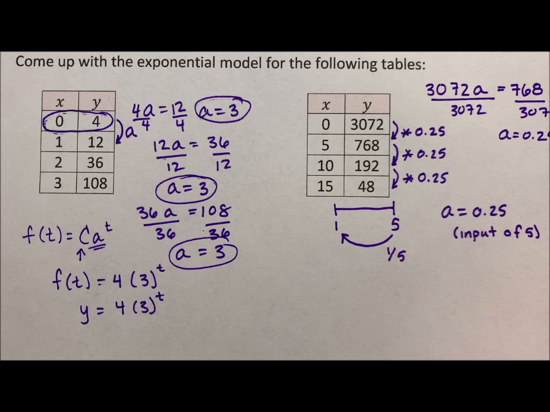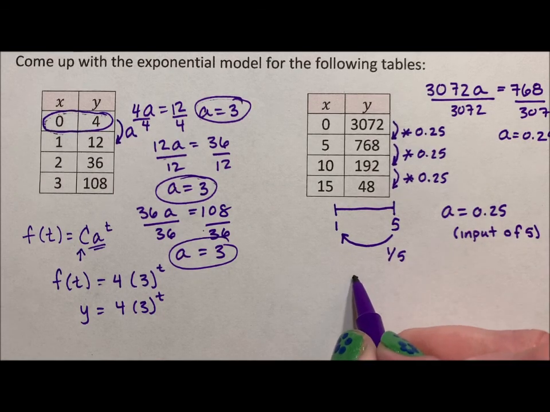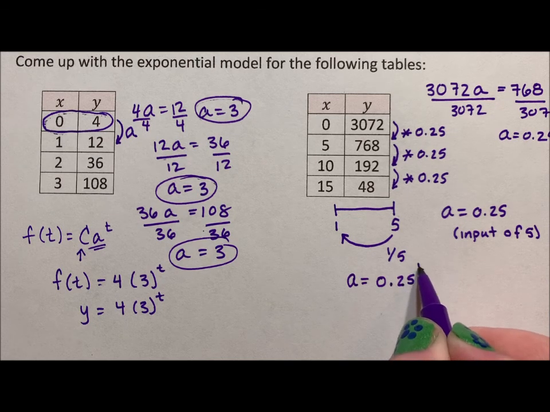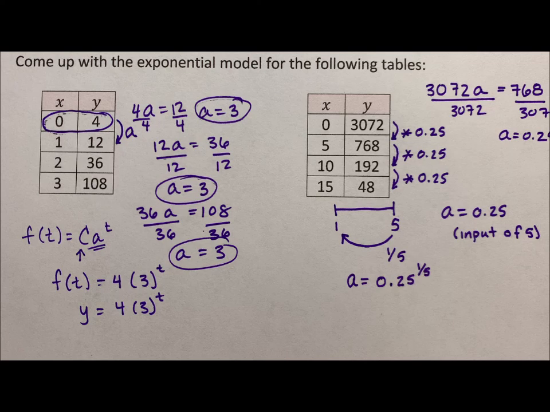And because this is an exponential model, everything needs to be altered in the exponent position. So we're going to say a is equal to 0.25 to the 1/5. Now, some classes will actually have you take this out to a decimal. I'm going to leave it 0.25 to the 1/5.